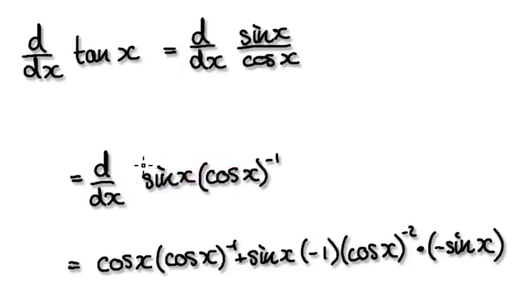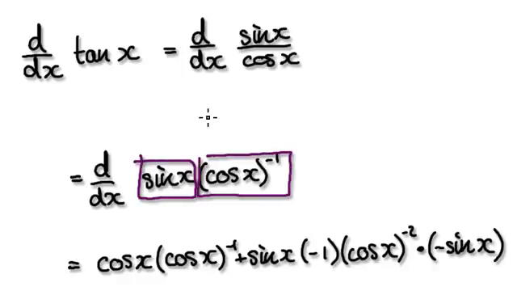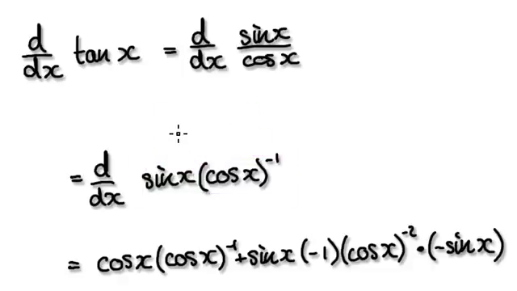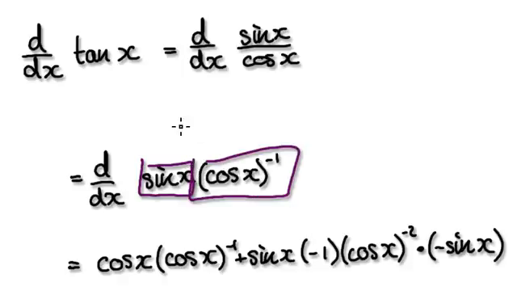So now we're going to use the product rule. At the moment you've got this thing multiplying with this thing. The product rule is to differentiate this, leave this alone, and then plus leave this alone and differentiate this.